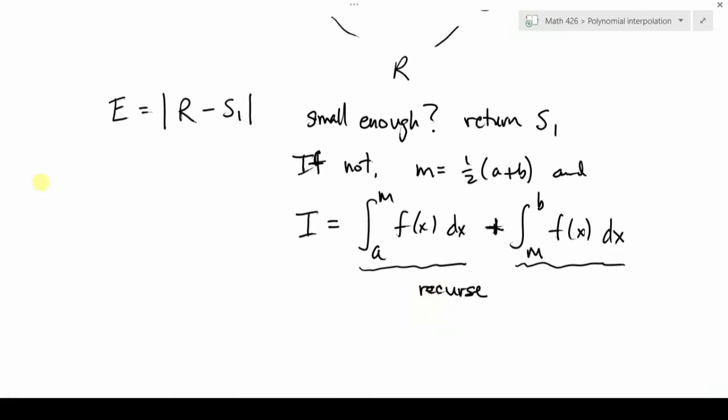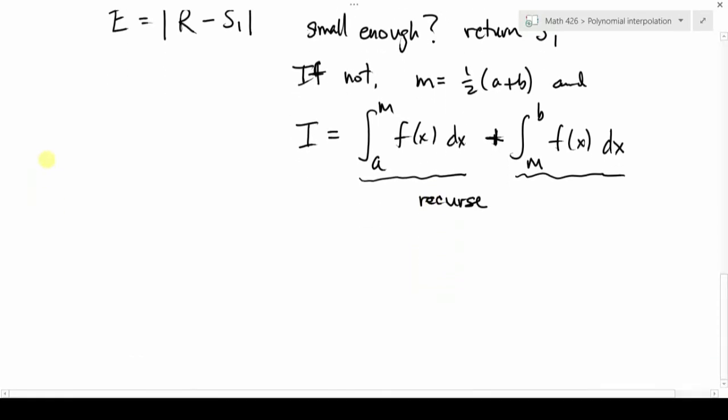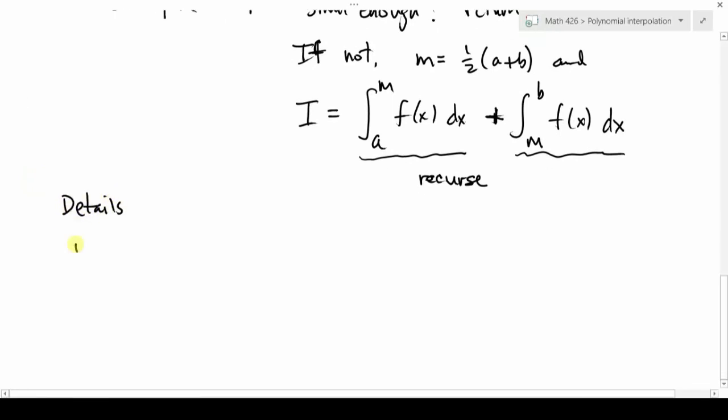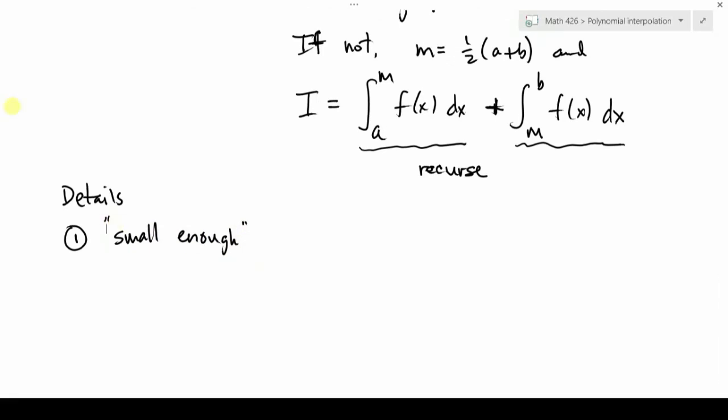There are two details that are important to know. One is, what does small enough mean? Okay, so as always, we have to be concerned with relative errors as well as the absolute errors. If you're trying to compute the integral for a very, very large quantity, you can't expect to get a whole lot of decimal places. We can only ever expect to get maybe 15 or 16 digits.